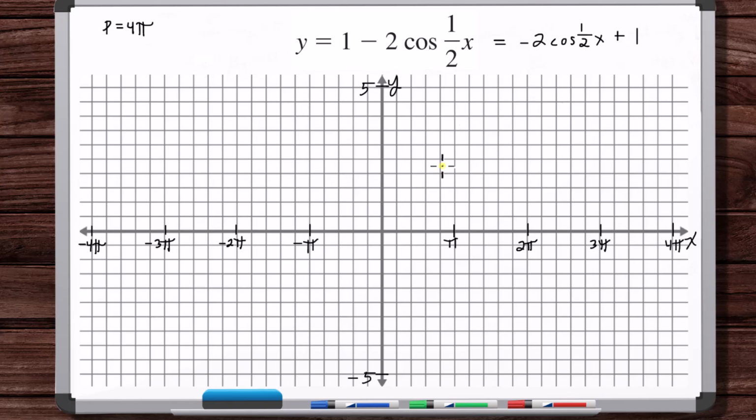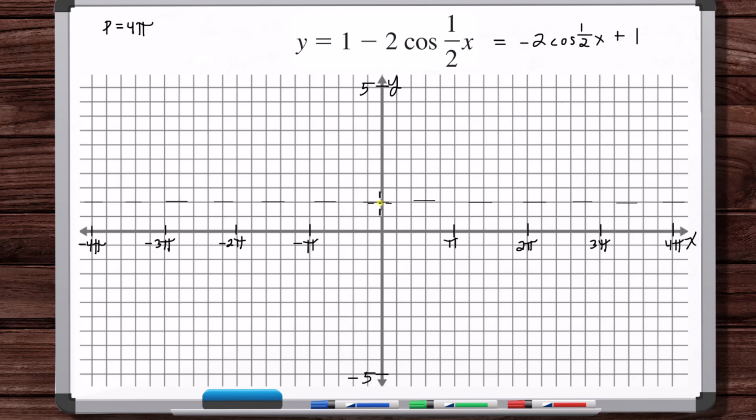Now let's put the new shifted average line, the shifted x-axis you could say, where the function is going to oscillate. There's no shifting horizontally, so let's draw the period from 0 to 4 pi.